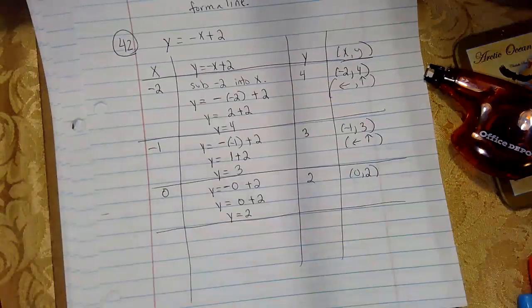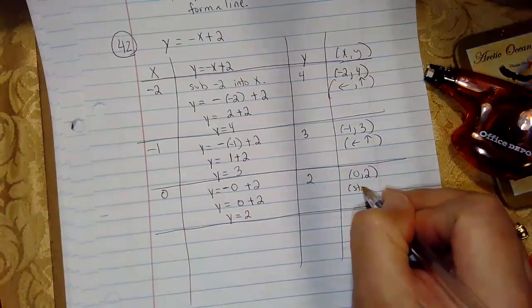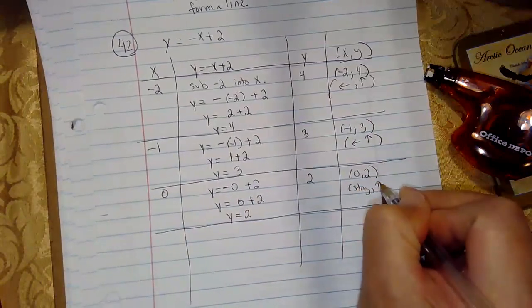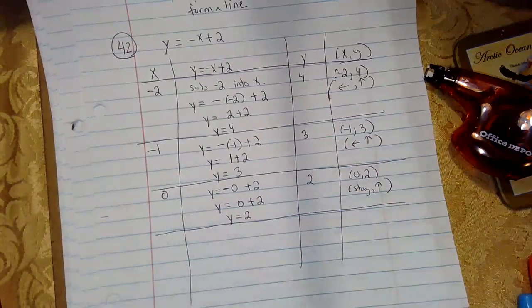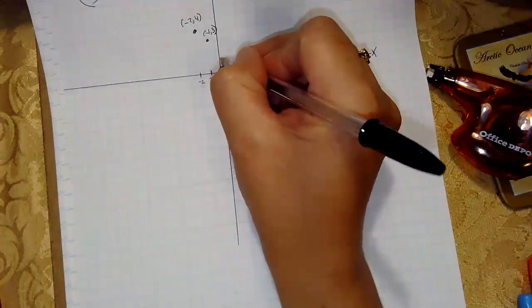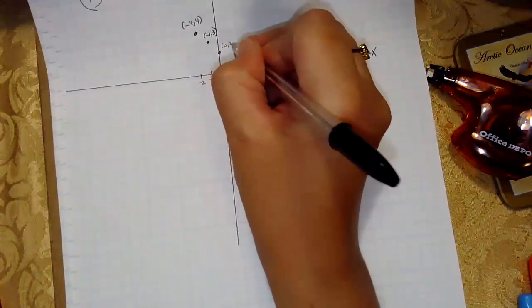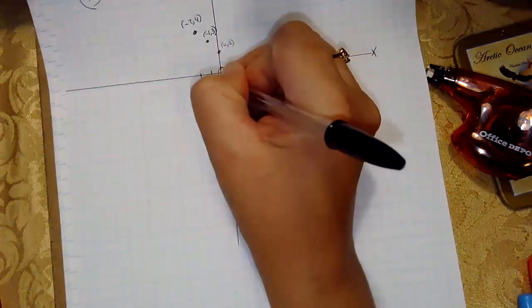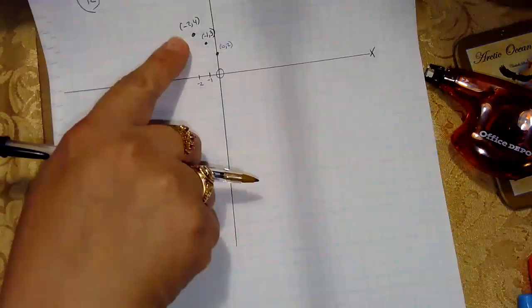So 0, 2. So this tells you to stay and then go up. So stay and then go up 2. So you don't go right, you don't go left, you stay and then you go up. See, and that's looking good. That's looking collinear.